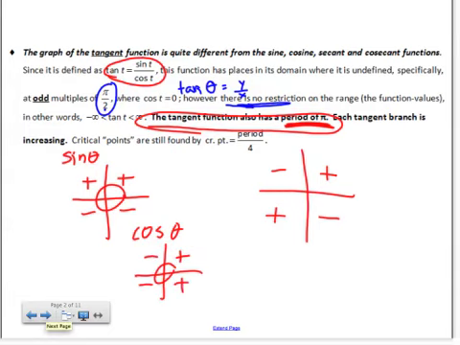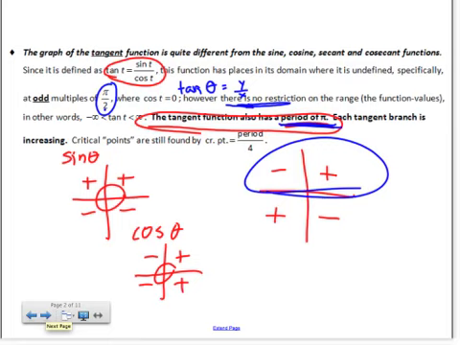It takes a full rotation for every pairing of positive and negative values of x and y to get matched up. Not with tangent, and by the fact that we have a reciprocal, cotangent. Cotangent and tangent get every pairing of positive x's and y's happening in 2 quadrants. Therefore, the period is pi.